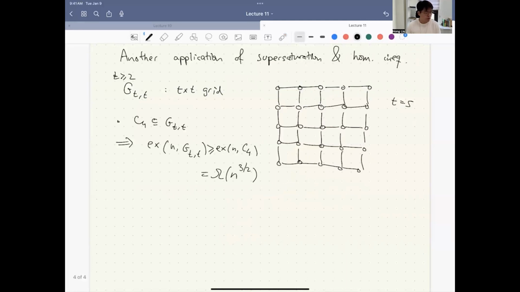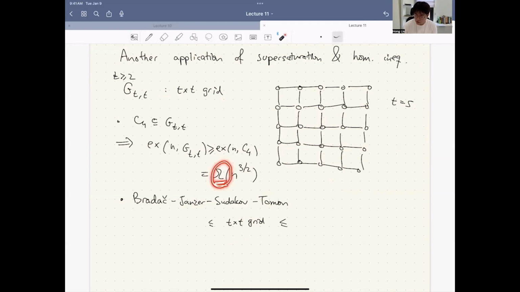This was first proved fairly recently, maybe 2 years ago, by Radcliffe, Janzer, Sudakov, and Tomon, who showed that for this T by T grid, the extremal number is, they also give a lower bound that brings T into the bound, big omega of T to the 1/2 times n to the 3/2.